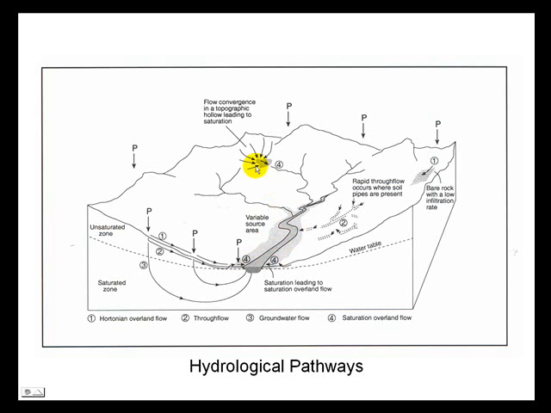Another source of overland flow is where you have the convergence of flow. So where you have a hollow, flow converges on that hollow, and that might become saturated and feed into a river channel. And so this is what happens at the source of the Camac. We have a little bit of a hollow, water accumulates in that hollow and feeds the river channel.